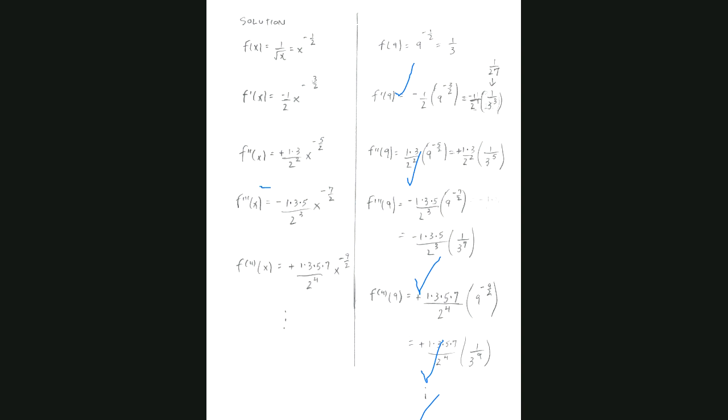The second derivative, 9 to the negative 5 halves, is the same as 1 over 3 to the 5th power. 9 to the negative 7 halves on the third derivative is 1 over 3 to the 7th power. And 9 to the negative 9 halves on the fourth derivative is 1 over 3 to the 9th power.